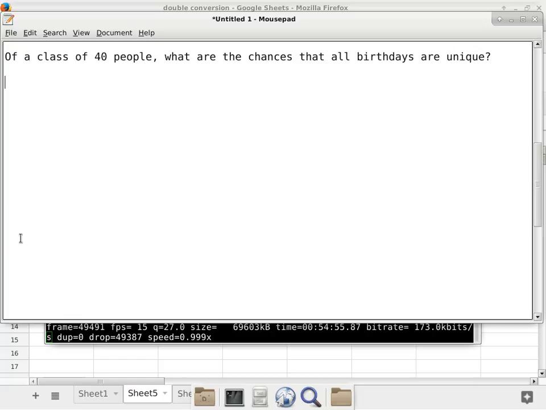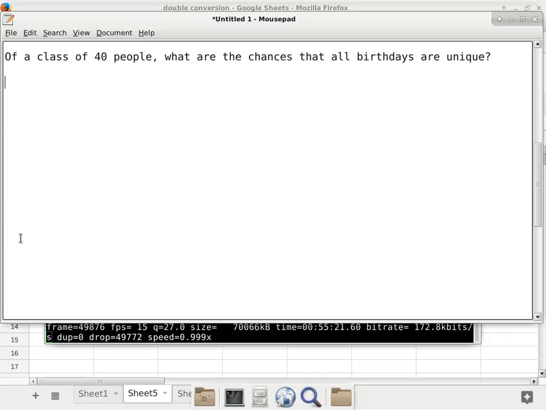So this represents the total number of outcomes without restrictions, and this represents the number of outcomes that has the restriction put on it. In this case, what we end up with is the permutation of choosing 40 out of 365, divided by 365 to the power of 40.